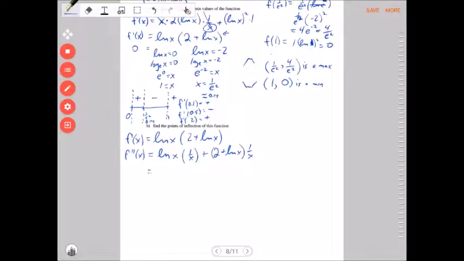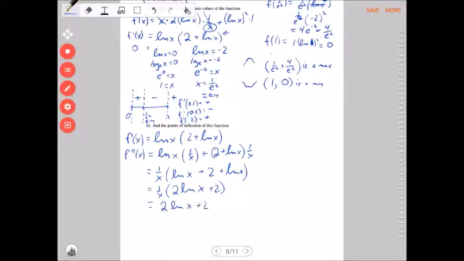There is a common factor of 1 over x here. So this is 1 over x times (2 plus ln x plus ln x). There are two ln x's, so this is 1 over x times (2 ln x plus 2), which we can write as (2 ln x plus 2) over x.